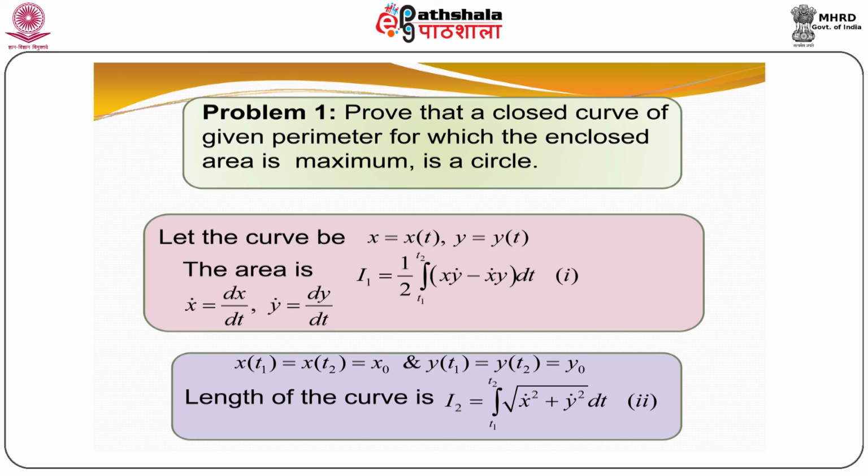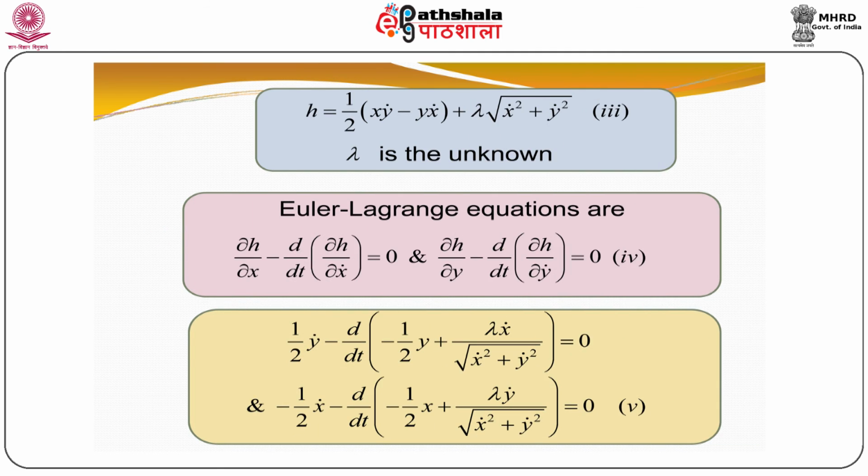We get this from the formula of area. x dot means d/dt of x, the ordinary derivative of x with respect to t. Similarly, y dot is d/dt of y. As the curve is closed, we have x at t1 equal to x0 equal to x at t2, and y at t1 equal to y at t2 equal to y0.